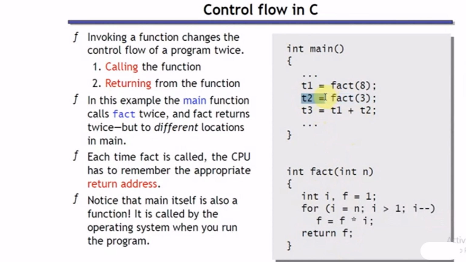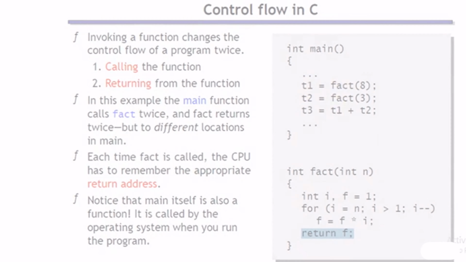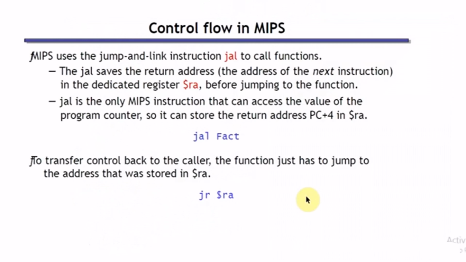But this time the return address should be this part. We should come back to this line, whereas the first time the return address should be here. So how do we return to different addresses when we run this return? The CPU stores the return address before we call the function.